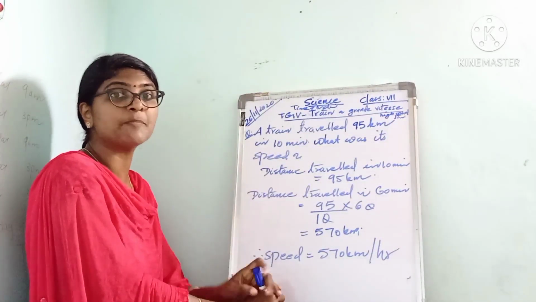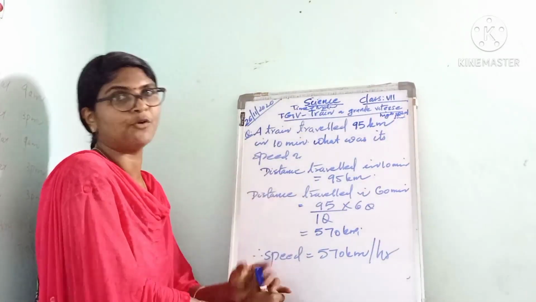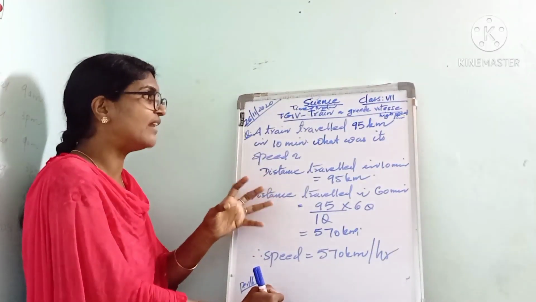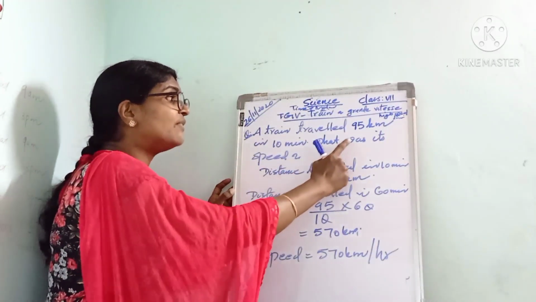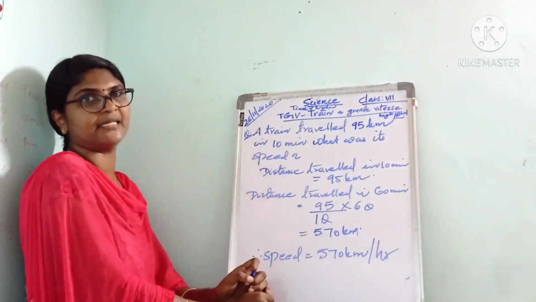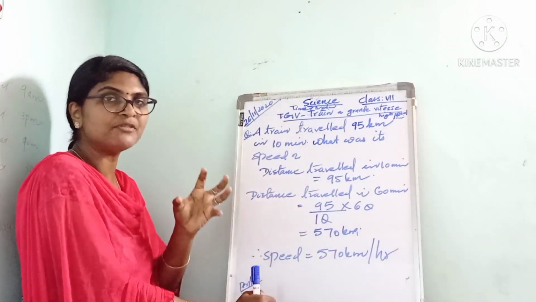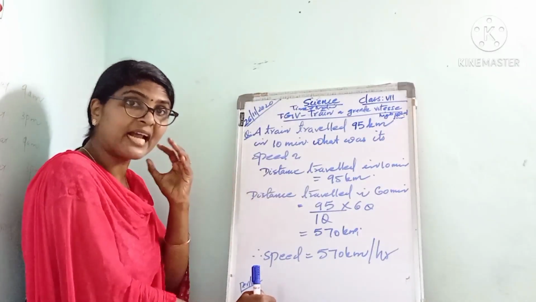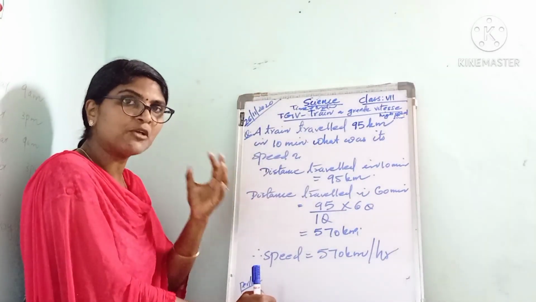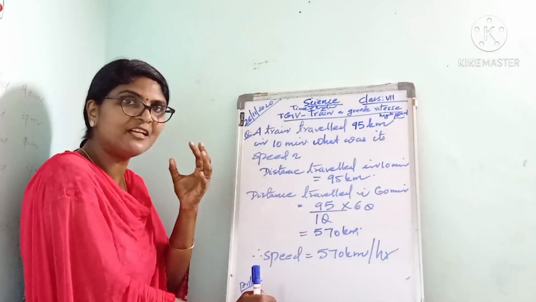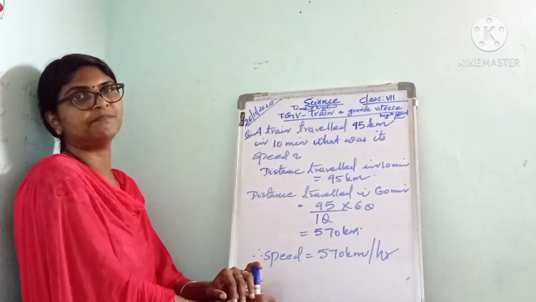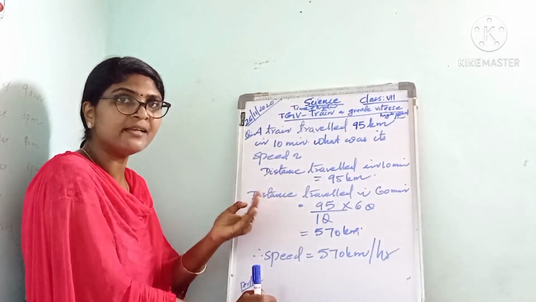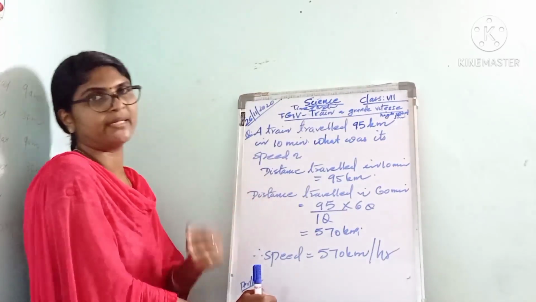The question gives the distance traveled by the train in 10 minutes, so in order to calculate the speed of the train per hour, we have to calculate the distance traveled by the train per hour. Then only we can calculate the speed per hour.